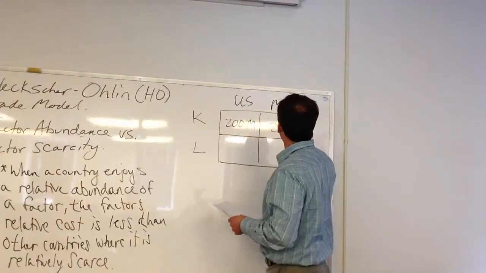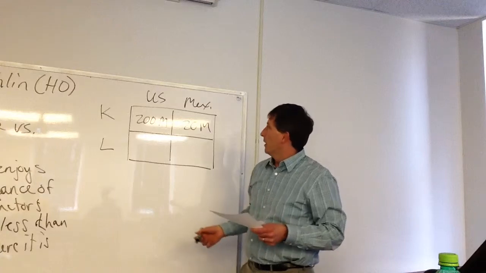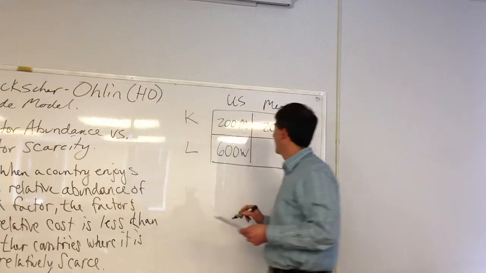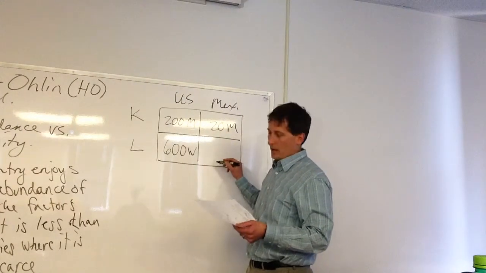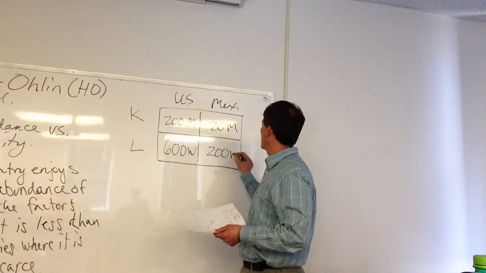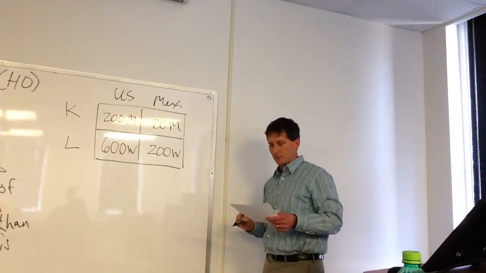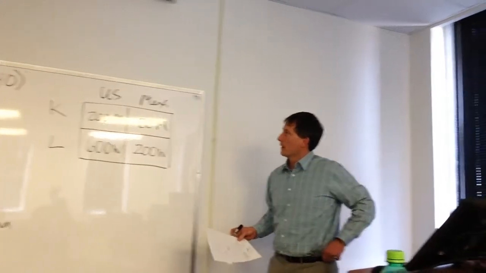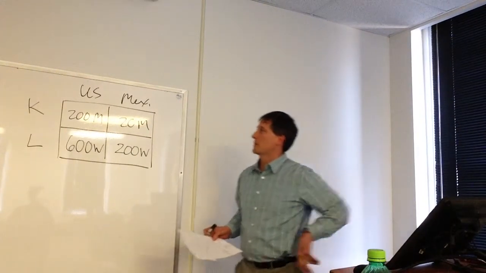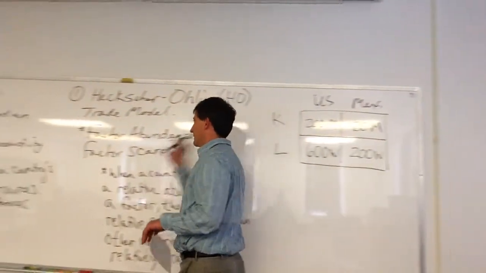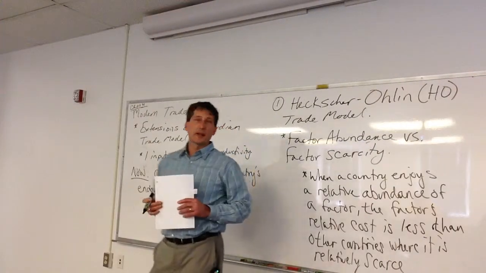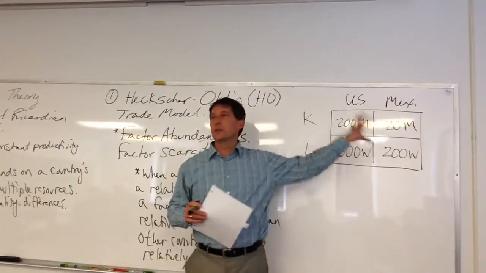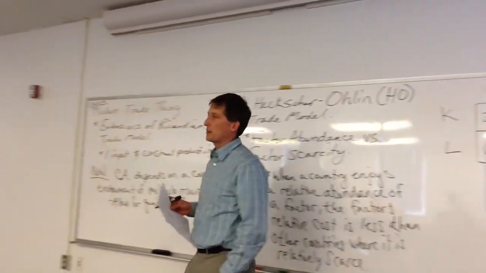Mexico's got 20. The U.S. has 600 workers, and Mexico's got 200 workers. So thinking about factor abundance of one country relative to the other, how would you start to maybe use these numbers? Think about factor abundance.